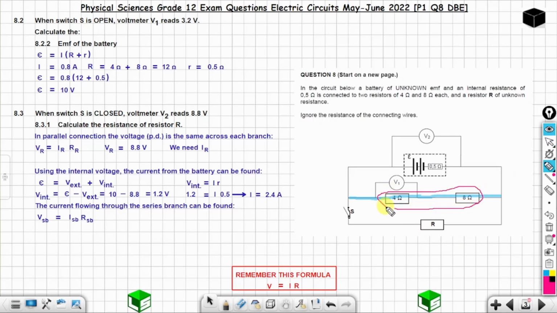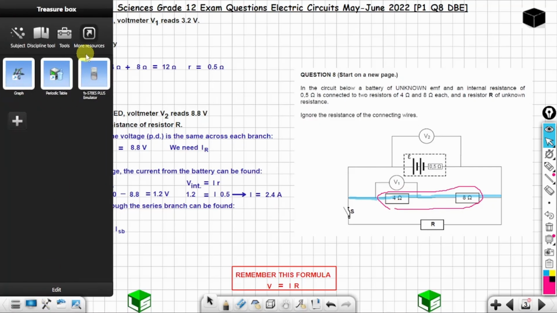The resistance is 4 plus 8, which is 12. So 8.8 equals the current times 12. You divide by 12 on both sides so that you can solve for the current on the series branch.